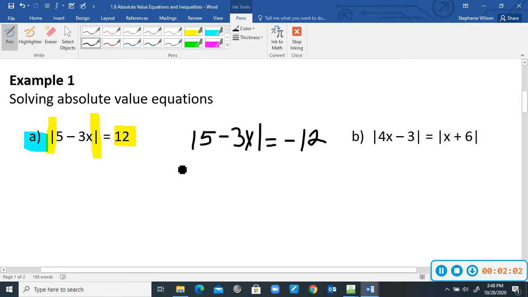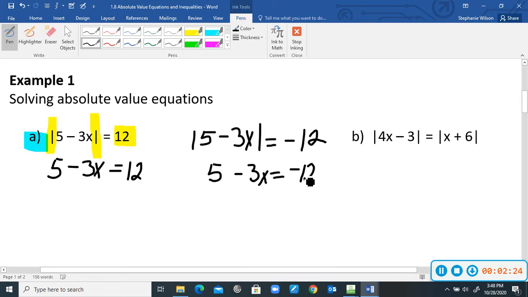And now let's solve for both of them by dropping them out of the absolute value signs, and I can solve for the variable. I need this variable, the x, by itself, so I'm going to subtract the 5.